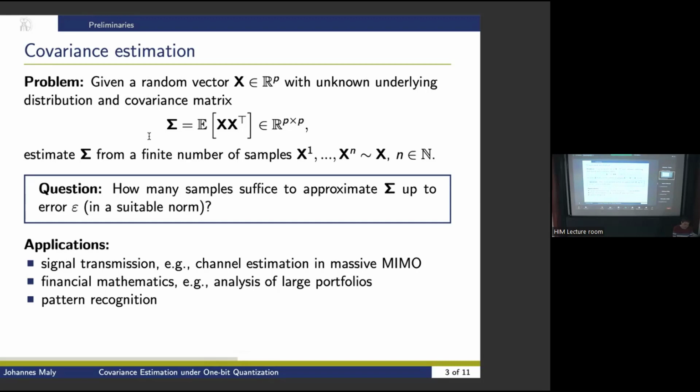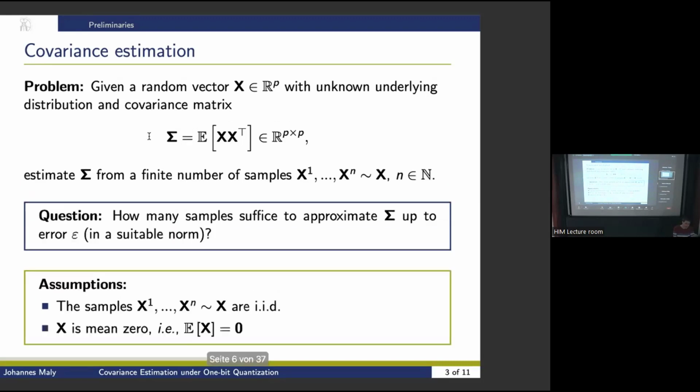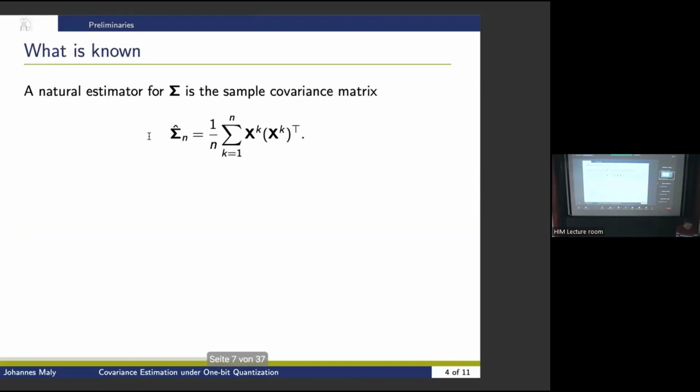Some very common assumptions to simplify the technical details are that X is a mean zero vector, so we don't care about estimating the mean beforehand, which means the covariance matrix has a simple form, and we get i.i.d. samples. You can keep this in mind for the rest of the talk. This won't change.